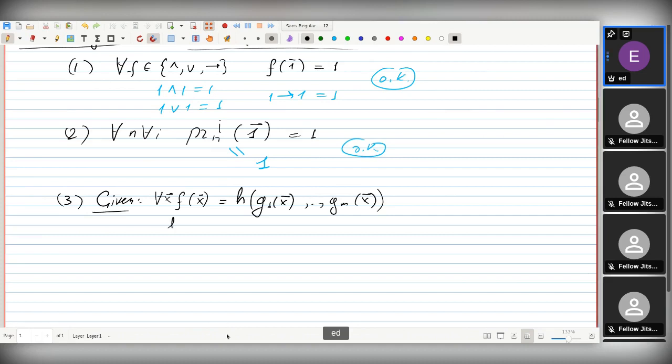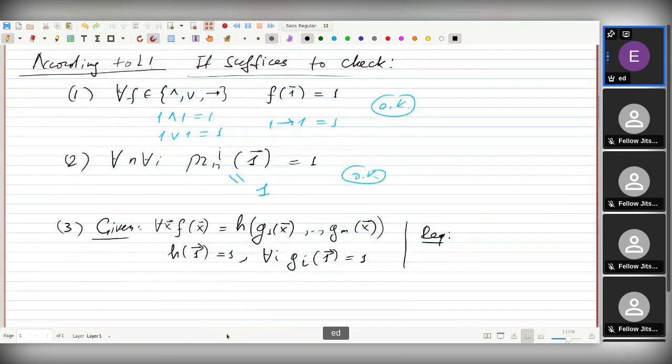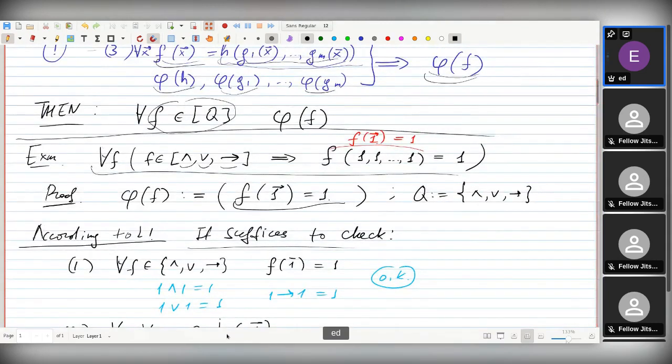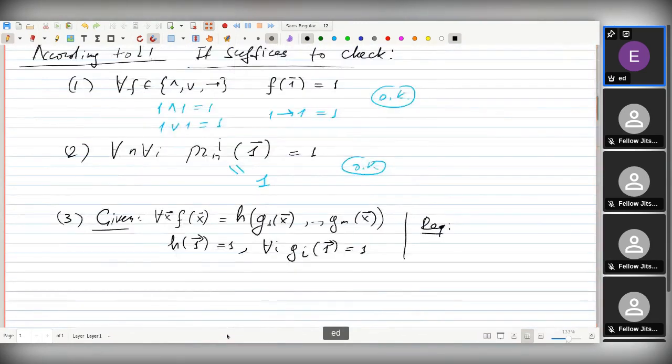It is also given that h preserves unity. That is, given all unities as arguments, it returns 1. And also I have the same result for every function g: gi of unities is unity. What is required? It is required to check that our function f also satisfies property phi. That is, it preserves 1. It preserves unity.